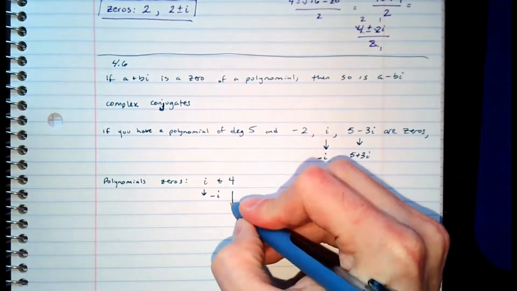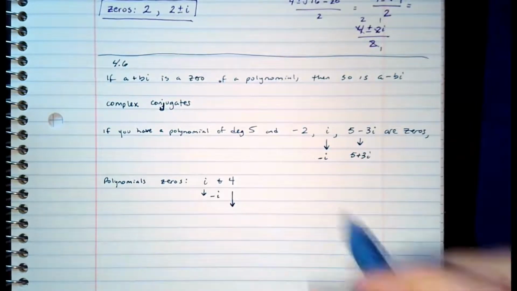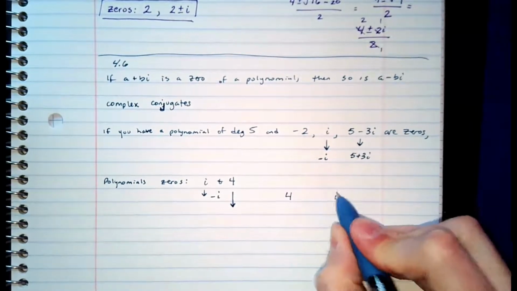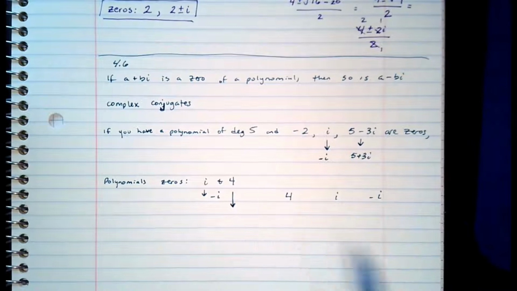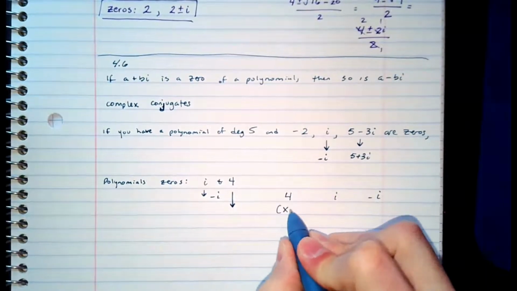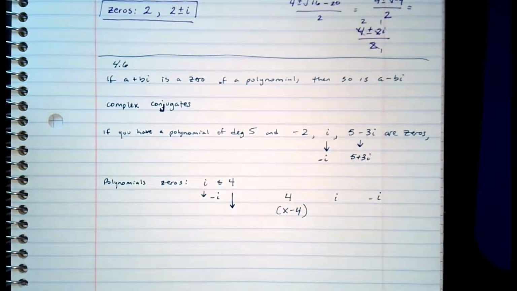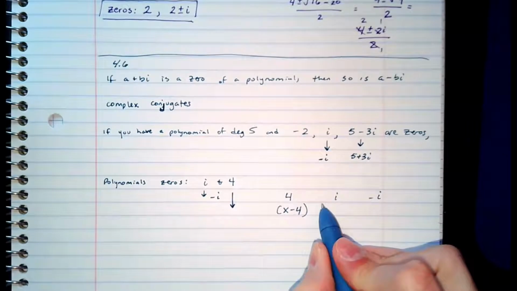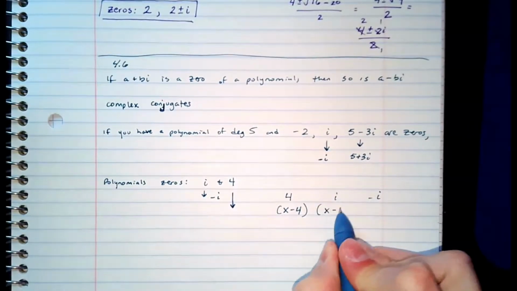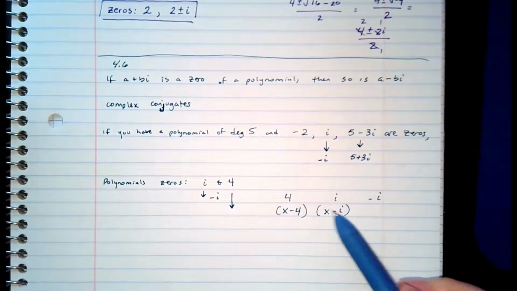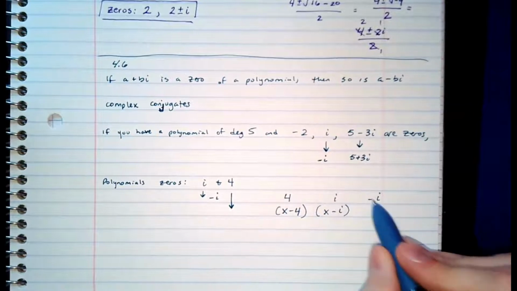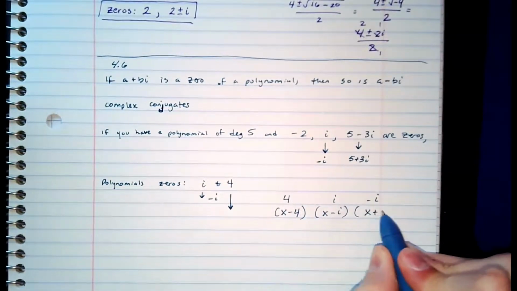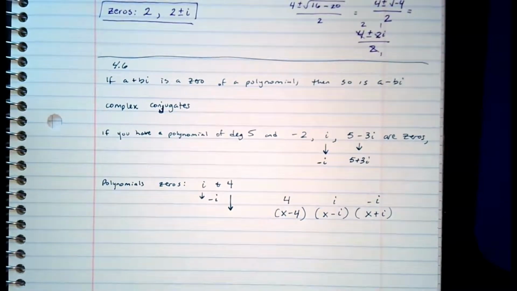Actually, let me rewrite this: 4, i and negative i. We're normally really good about being able to see that 4 gives x minus 4. You have to think about it in the same way with these. So if i is a root, that means it would factor to x minus i, because if we plugged it in, we'd get 0. And the same thing here: that would be the factor x plus i.